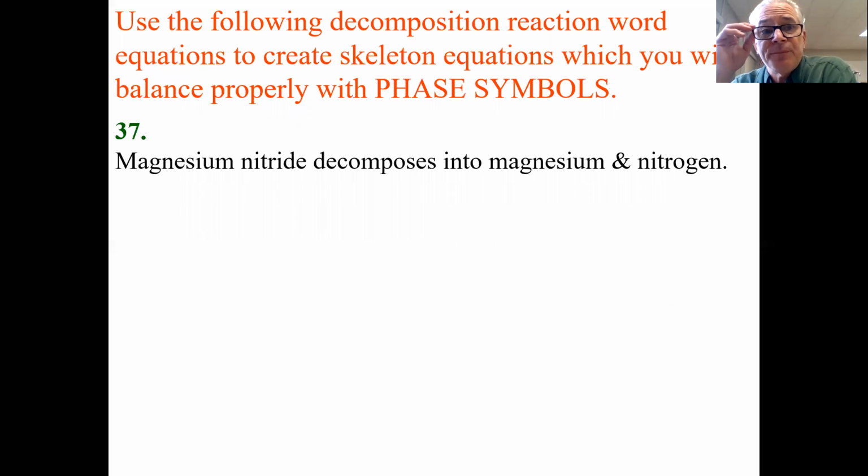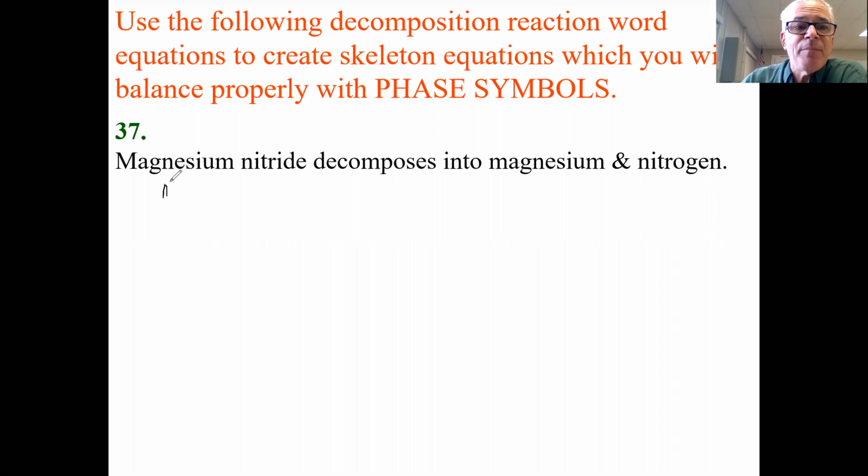Now, decomposition. We're going to try to write these. I'm going to try to write them with my crazy pen here, and we're going to try our best to balance these. Magnesium nitride. Now, magnesium, you remember Mg, it makes a +2 ion, and nitrogen makes a -3.